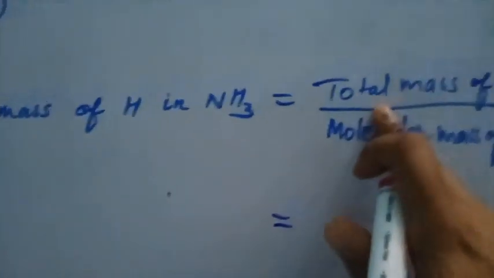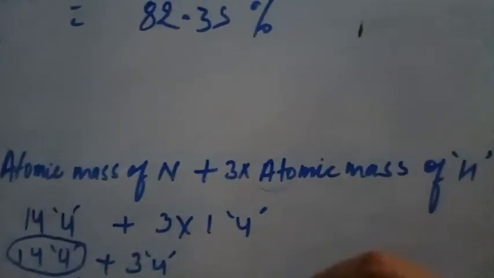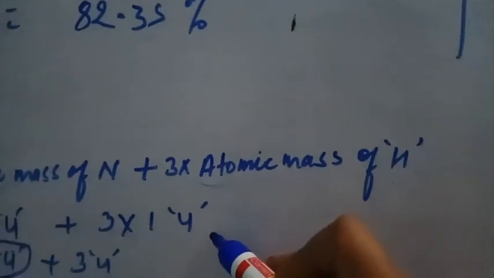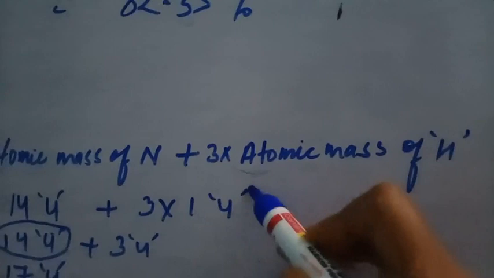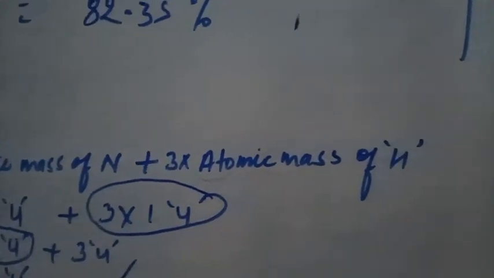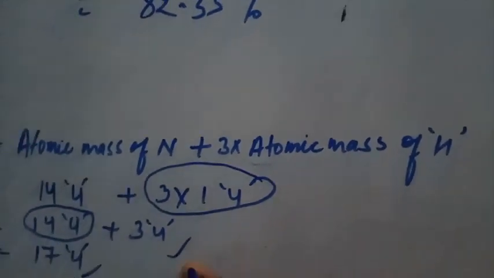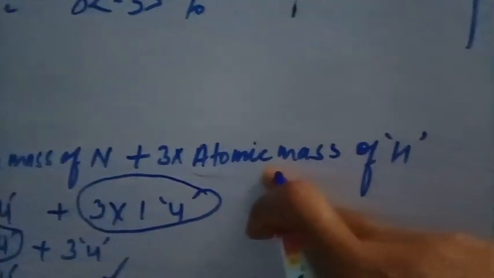Now what is the total mass of hydrogen? So from molecular mass only we will just see total mass is this one. How much it is? 3 u. Total mass of hydrogen is 3 u. Don't just write atomic mass of hydrogen.